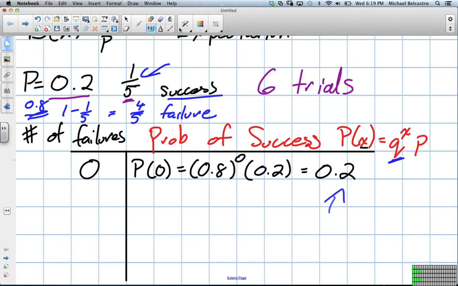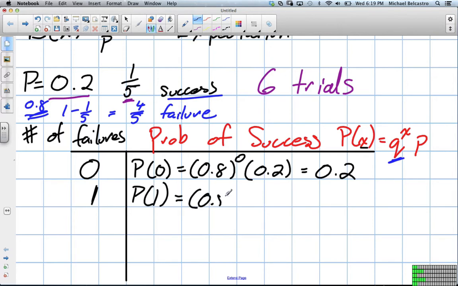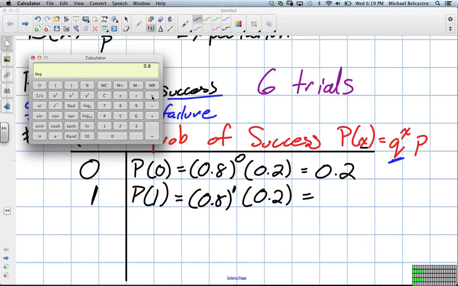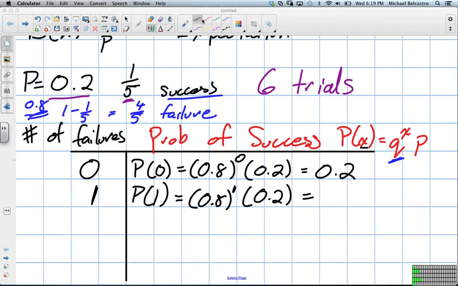With 1 failure, same idea: 0.8 to the power of 1 times 0.2, which is 0.16. So the probability of 1 failure and then a success is 0.16.